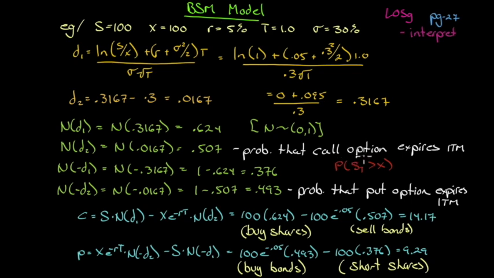Why am I not a fan of that? Well, because in getting to this probability, we used a historical measure of volatility. And what we're going to see at the end of this reading is that volatility is the one variable in this model we cannot observe. And we need future volatility, not historical volatility.